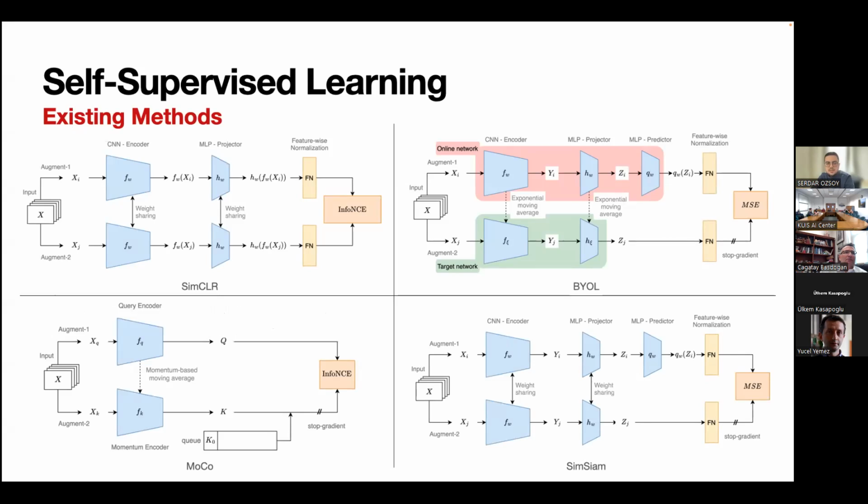Let's look at how existing methods deal with this collapse problem. The methods on the left-hand side can be named contrastive loss-based methods, and use InfoNCE as a contrastive loss and prevent the collapse in SimCLR and MoCo. Contrastive loss is required to use a larger number of negative samples, and that requires using larger batch sizes.